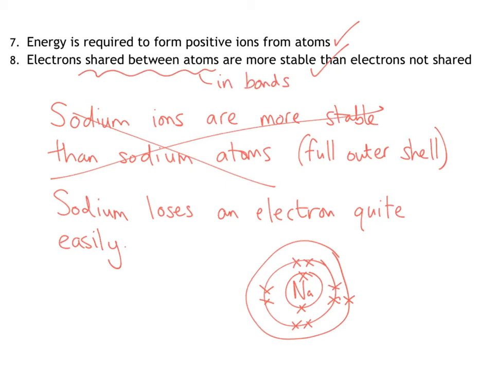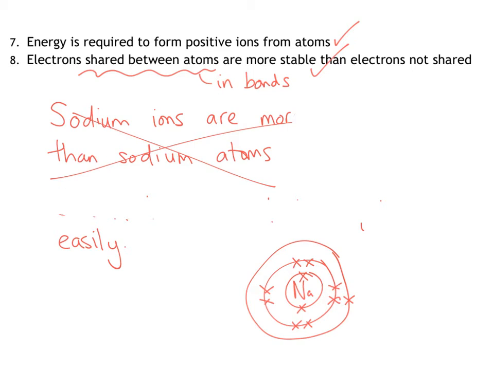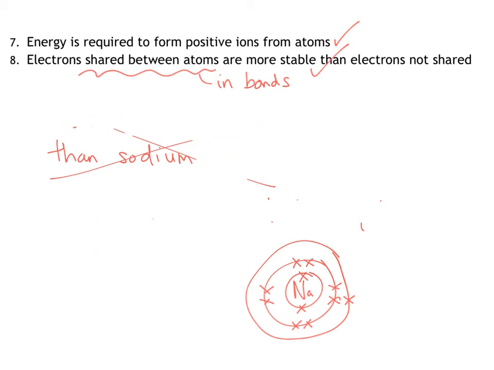Why are electrons, particularly in covalent bonds, more stable than electrons that are not? Because of the attraction. You'll notice there are really big themes going on. They're going to go on all the way through your chemistry in the first year, definitely, where we talk about charges, attraction and distance between them.